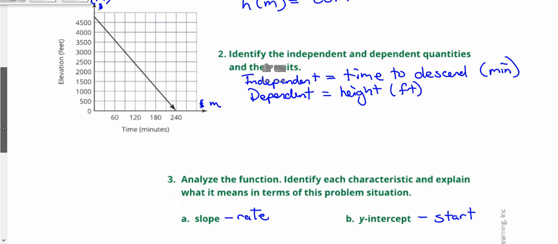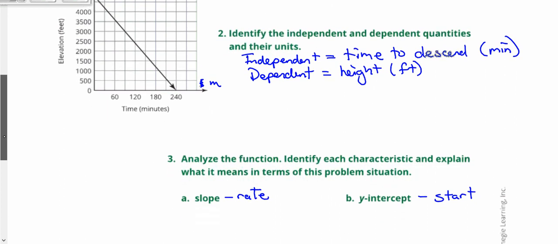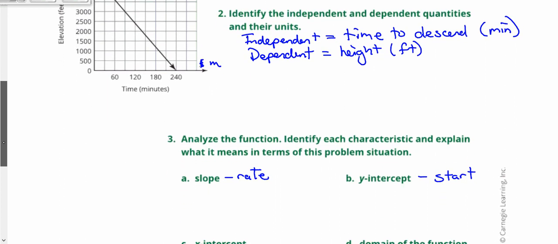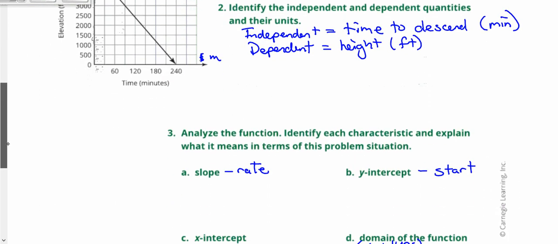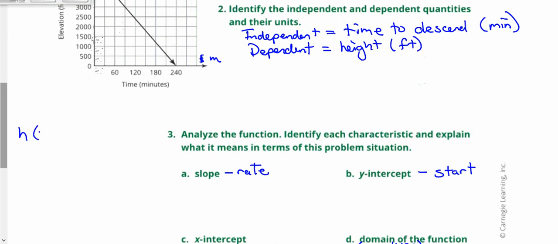All right, so we need to analyze the function and identify each characteristic. So again, we have our function up here. I'm just going to write it over here so that we can see it and not have to go back and forth. h of m is equal to negative 20m plus 4,800.